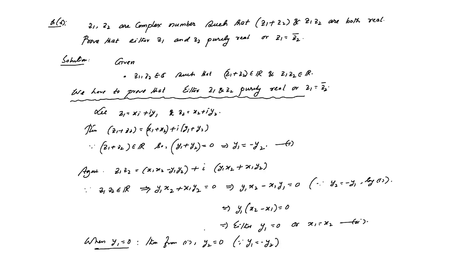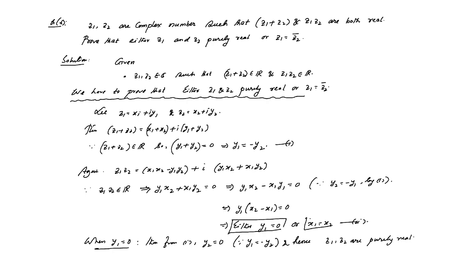In that case, Y1 zero implies Y2 zero. So put Y1 as 0 and Y2 as 0; Z1 will be X1 and Z2 will be X2. Hence in that case, Z1 and Z2 are purely real.